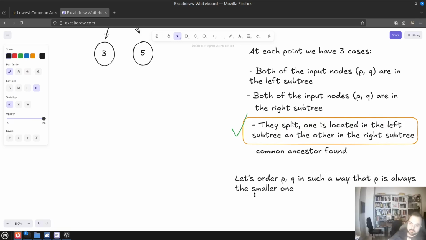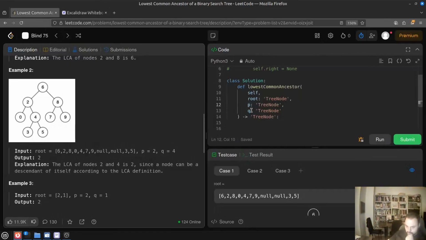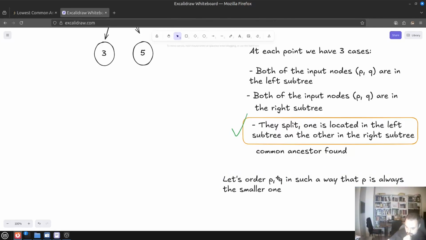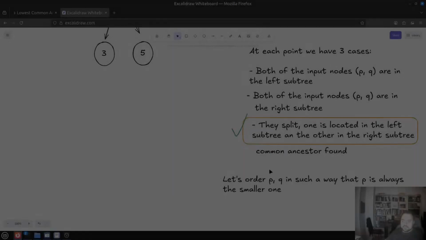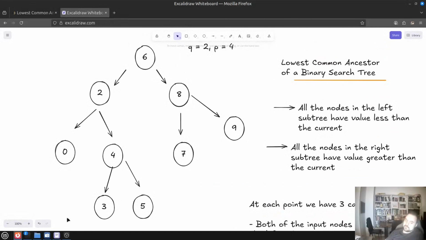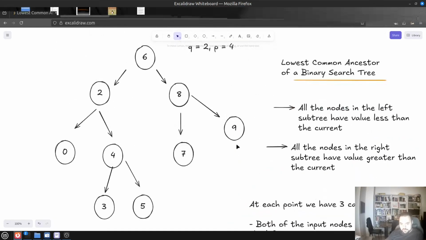So we can swap them in case the provided input puts them in a different order. If Q is smaller than P, then we can just swap P and Q, and we will always have P smaller than Q. And if Q is smaller than the current node, then we have to go to the left. And if P is greater than the current node, then we have to go to the right. So that's more or less it.